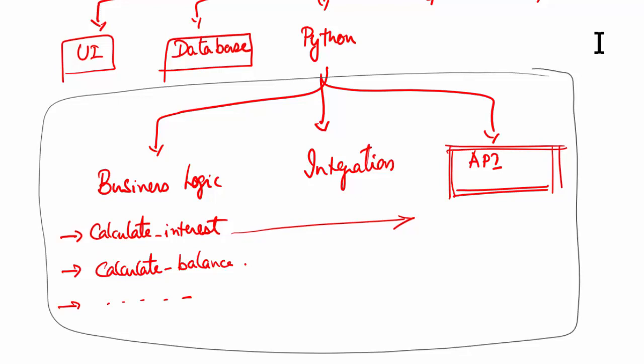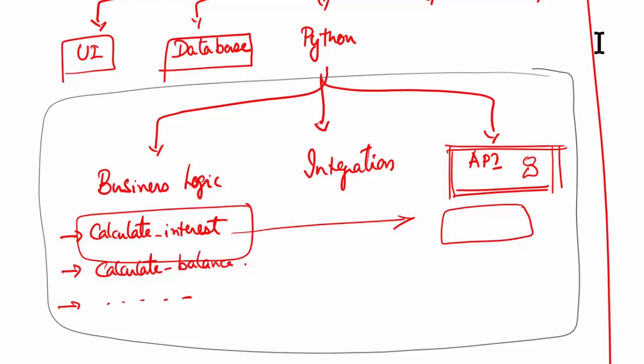So the key thing to understand here is this team is just using a function that is written by some other team. And like I said, the API team does not worry about the business logic behind how the interest is calculated. That's the beauty of a function.